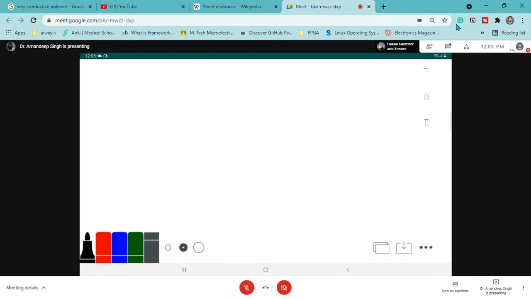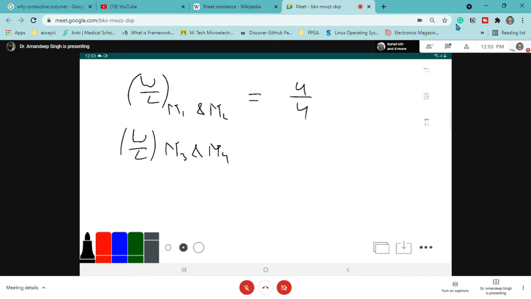W by L ratio of M1 and M2 is equal to 4 by 4, and W by L ratio of M3 and M4 is 2 by 4. You have to find the W by L ratio of 5 and 6.